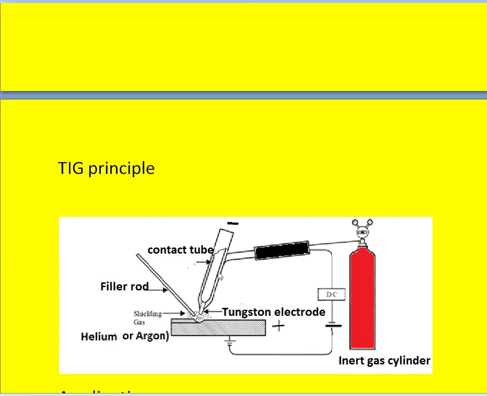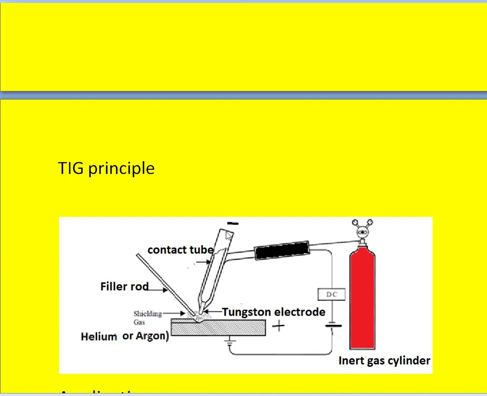This holder carries the electrode, and the electrode tip position with respect to this tube can be controlled by using the cap here. The gas cylinder output is connected to this tube, so it flows around the electrode.